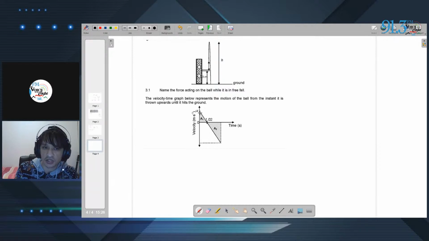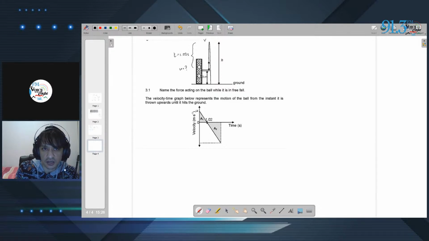We don't know what this value is, but we know that the time is equal to 1.02 seconds. Our initial velocity over here is some value, and we can tell from the graph that it's some value, and that's what we need to find.